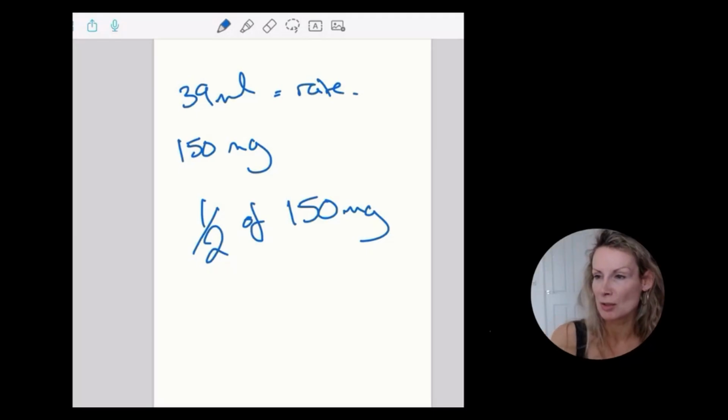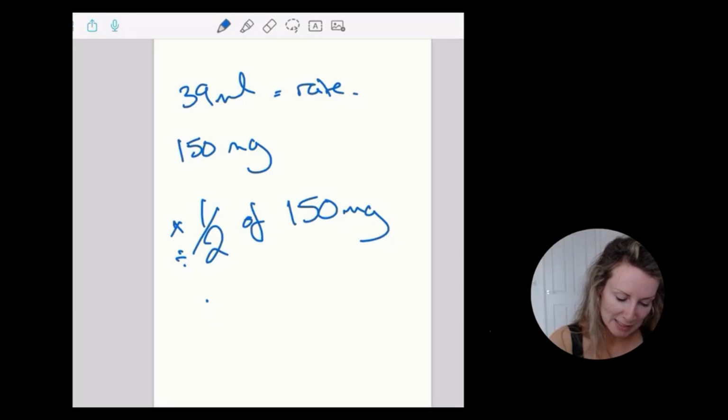So if it's saying that the dose is 150, we need half of that. Yes. When we're finding a fraction of a quantity, we divide by the bottom number and then times by the top.